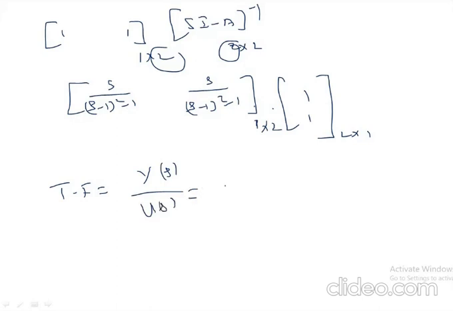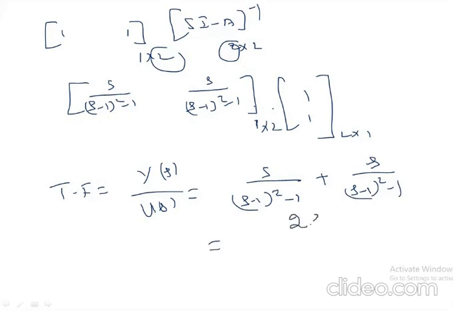If you multiply these two, you will get s by (s minus 1) whole square minus 1 plus s by (s minus 1) whole square minus 1. So you can write 2s divided by (s minus 1) whole square minus 1 is the answer for the given state model.